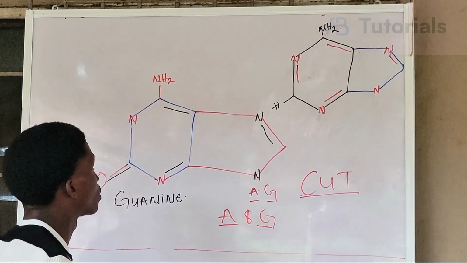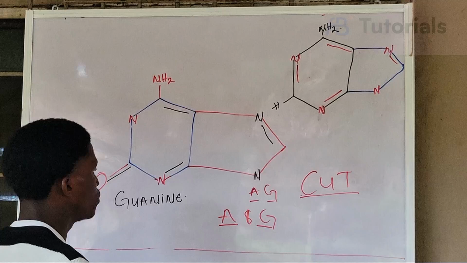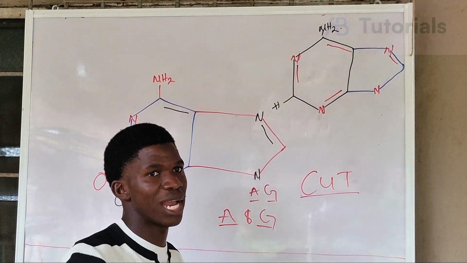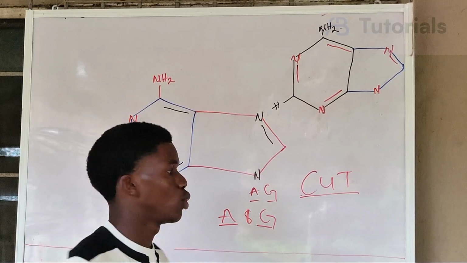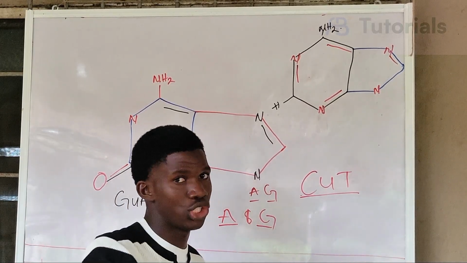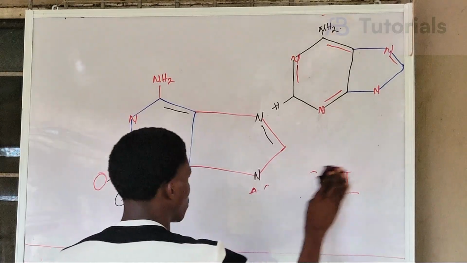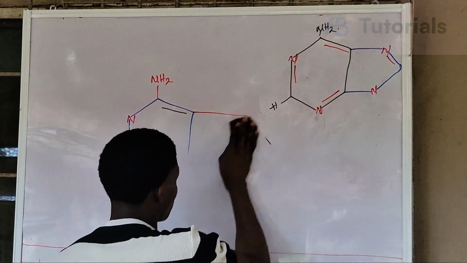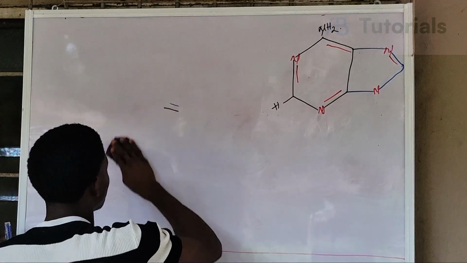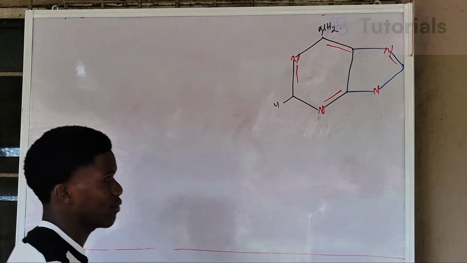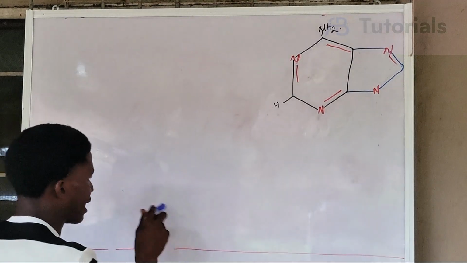Okay, thank you. So now also how do you know when A binds with T, how many bonds? When C binds with G, how many bonds? So very simple. Let's do that. Now you have to change this thing from Ada gula cut.